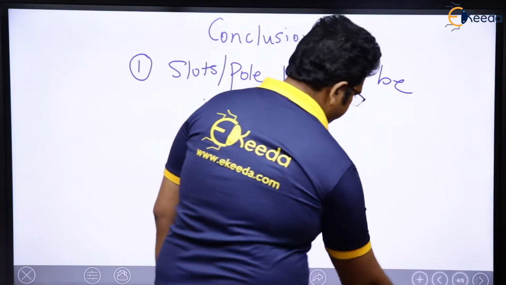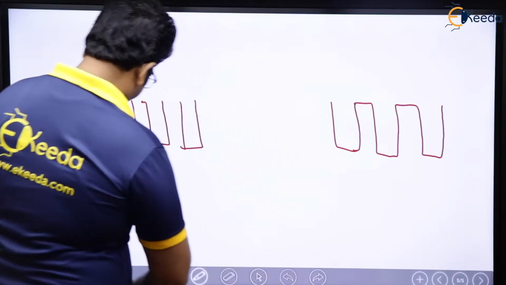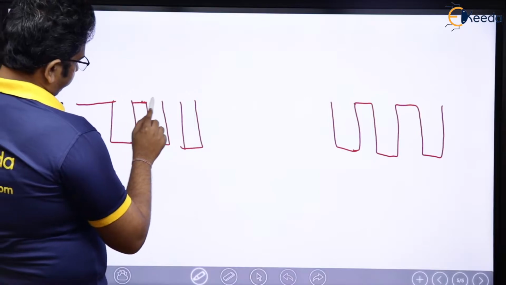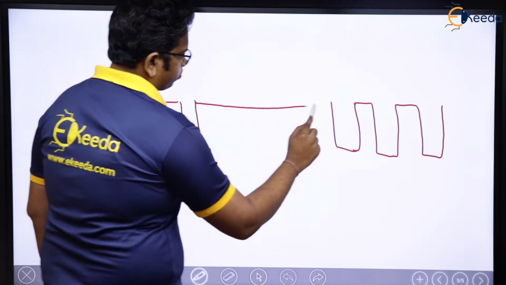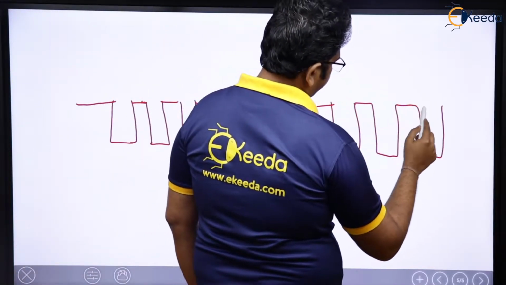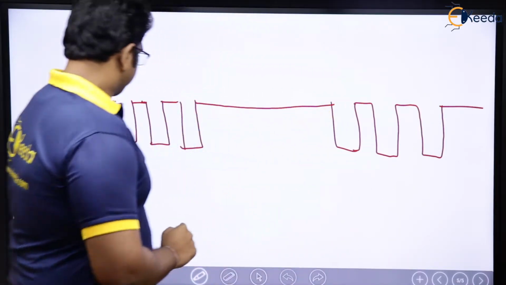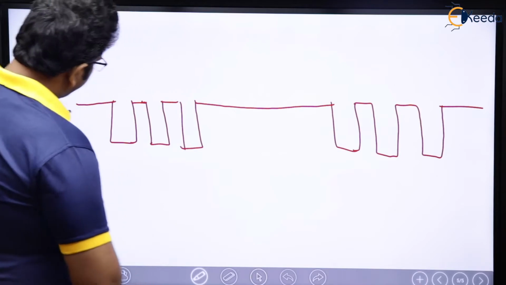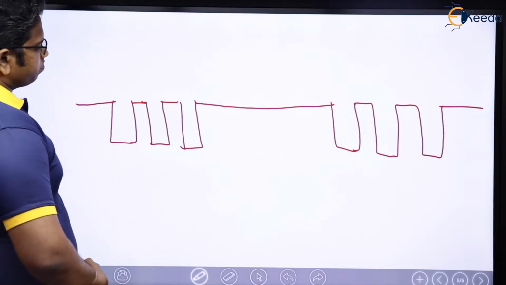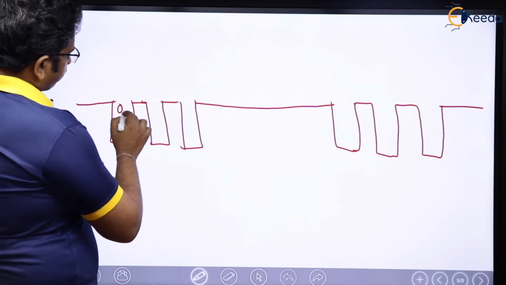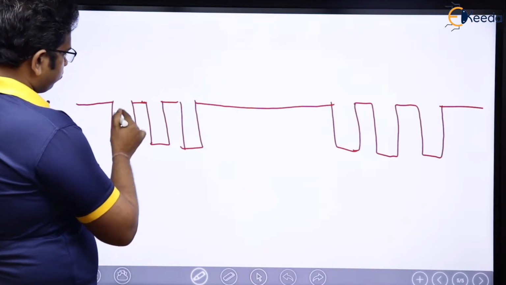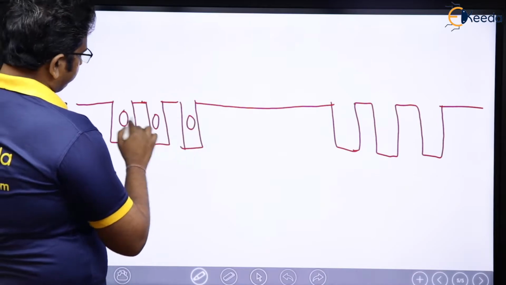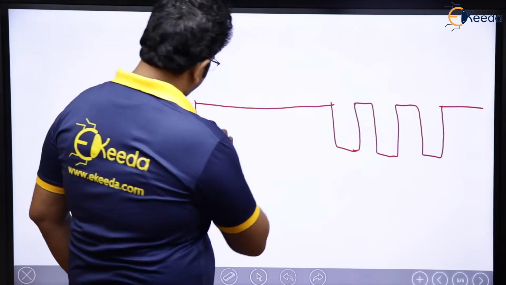So see here. Now if you see here, I'll have some conductors here, right? Let me consider one conductor only at first. Dot, dot, dot.